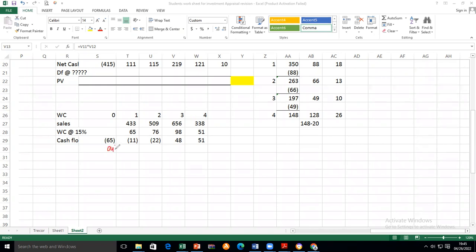You add this outflow, you add this outflow, you add this outflow, then you subtract this inflow. You must be able to come to that answer. That is the amount of money which is sitting in our working capital. How are you getting the 51?